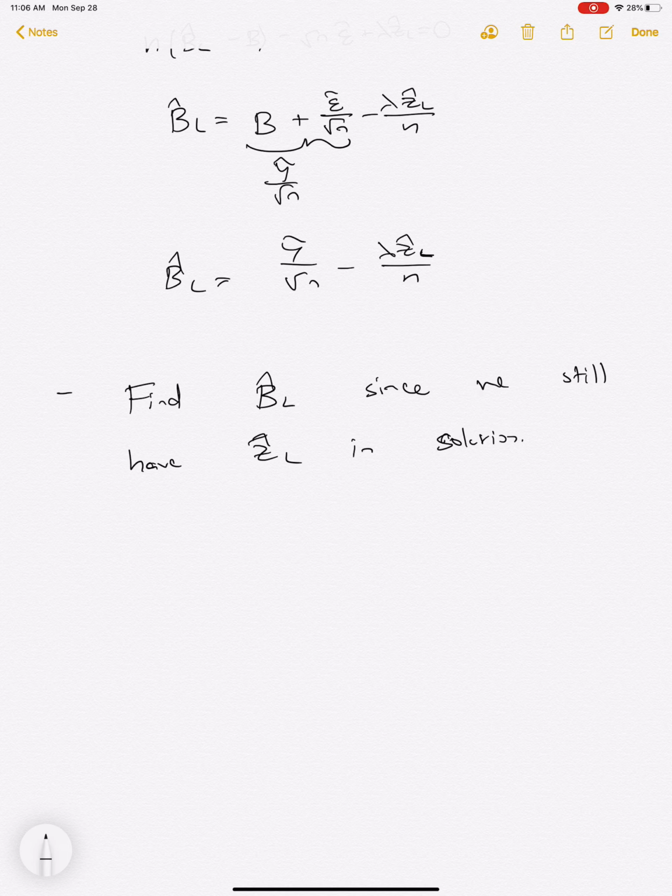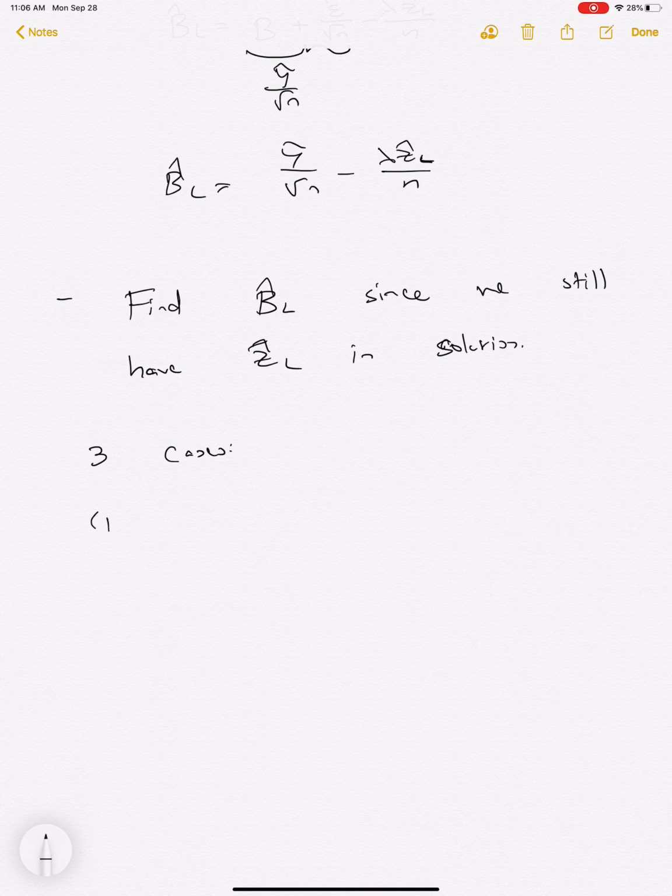So this is where we use the fact that there are three cases here. So if b hat L is bigger than 0, then we know that z hat L equals 1. Okay, and so this is case one.